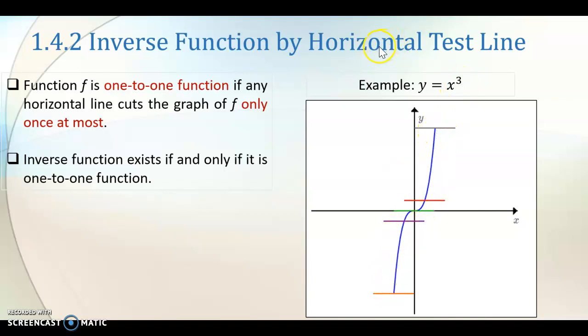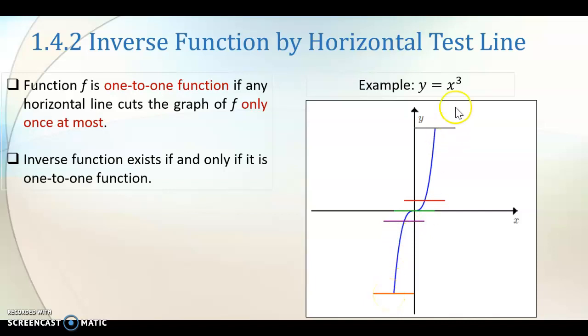Using the horizontal test line, you draw a horizontal line in a horizontal position, anywhere you like. From your drawing, you can see that it only cuts at one point.